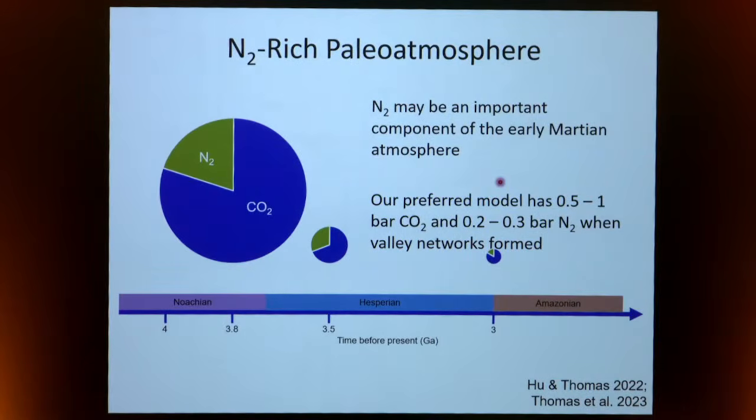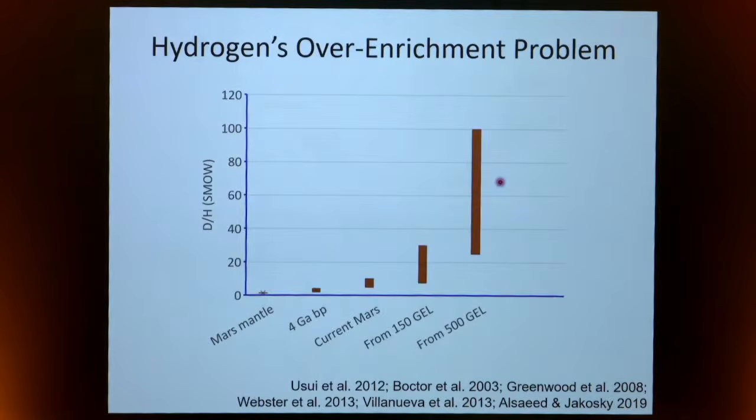In the interest of time, I would like to move on and talk a little bit about the hydrogen aspects. For hydrogen, there is also quite an over-enrichment problem, particularly if we want to lose a few more than 100 GEL worth of hydrogen from early Mars to now through atmospheric escape.